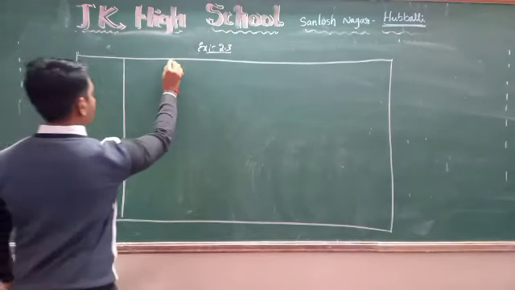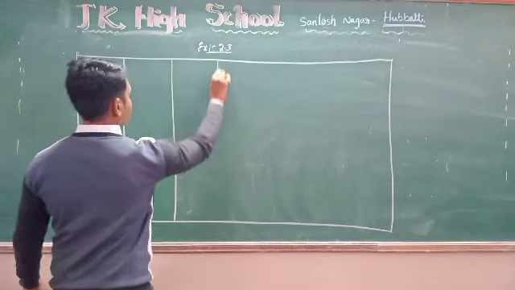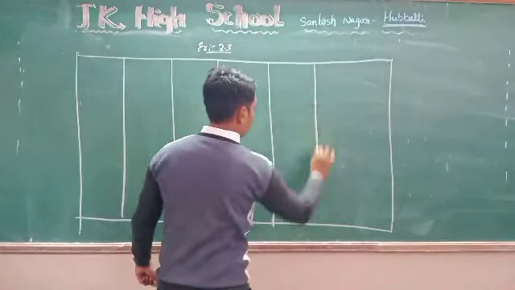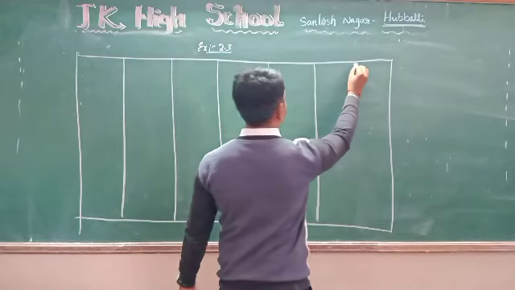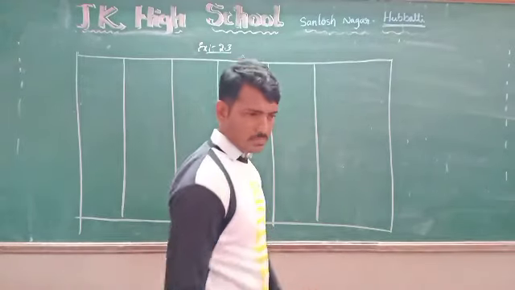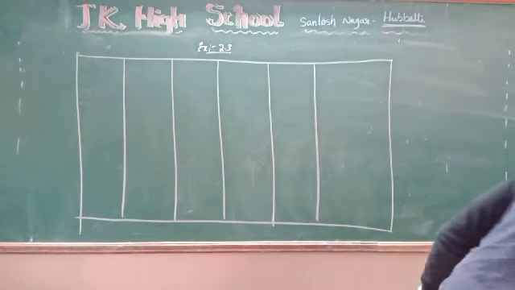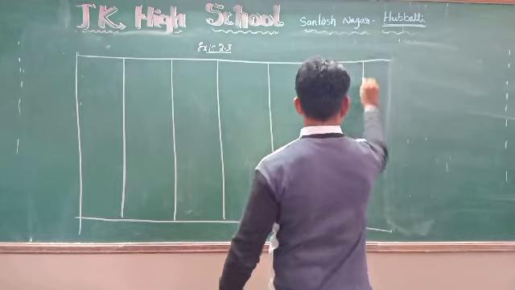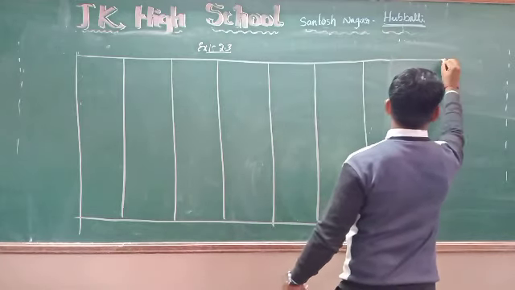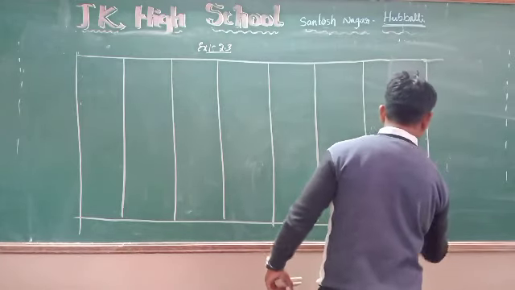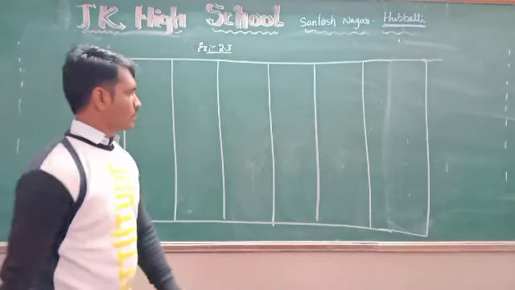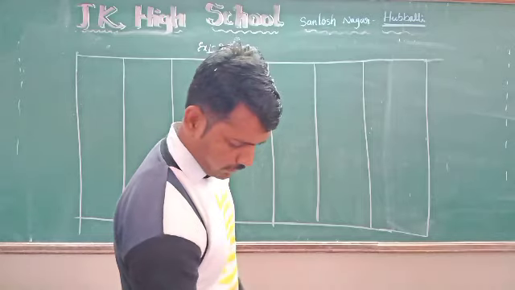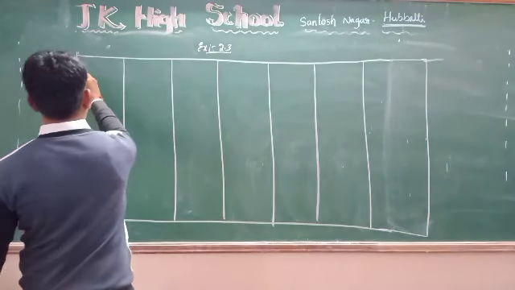One, two, three, four, five, six, and then 7. So 7 columns. 1, 2, 3, 4, 5, 6, 7 rows.